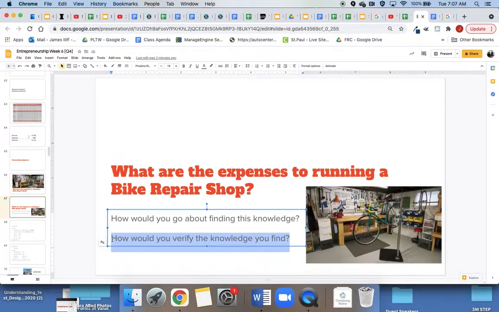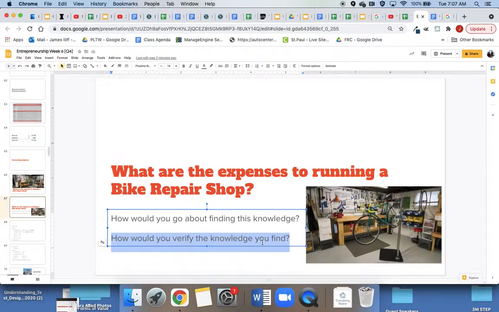And we had a good discussion last night. Some of you came up with the idea of Googling, what are the expenses of running a bike maintenance shop? And man, Google is so powerful. That's the right answer. You're going to get a lot of answers. But then how do you verify that that knowledge is true?